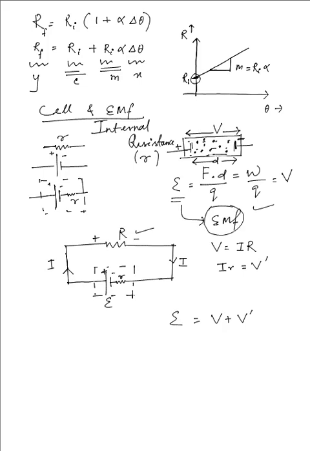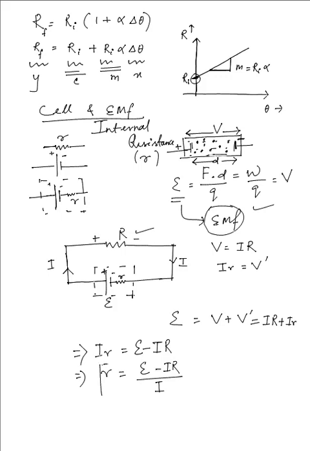So this can be further written explicitly as IR plus I times small r, that is the internal resistance. And from that we have IR equal to E minus Ir, that is for V. Also we can have the value of internal resistance, that is E minus V divided by the total current flowing across the circuit.